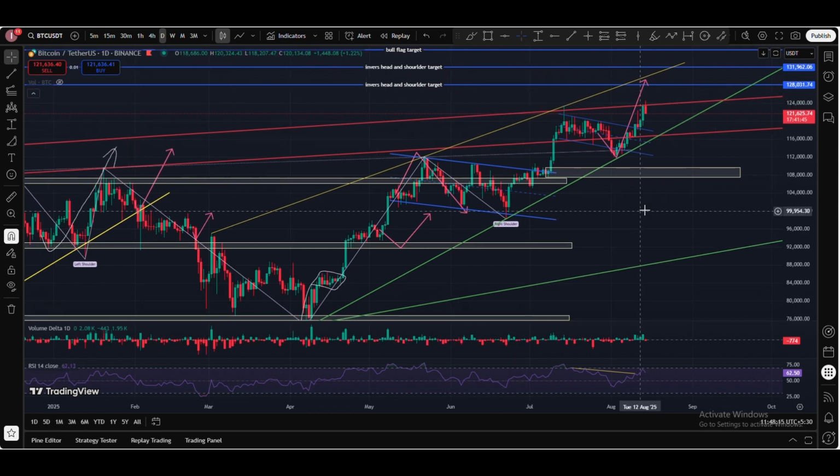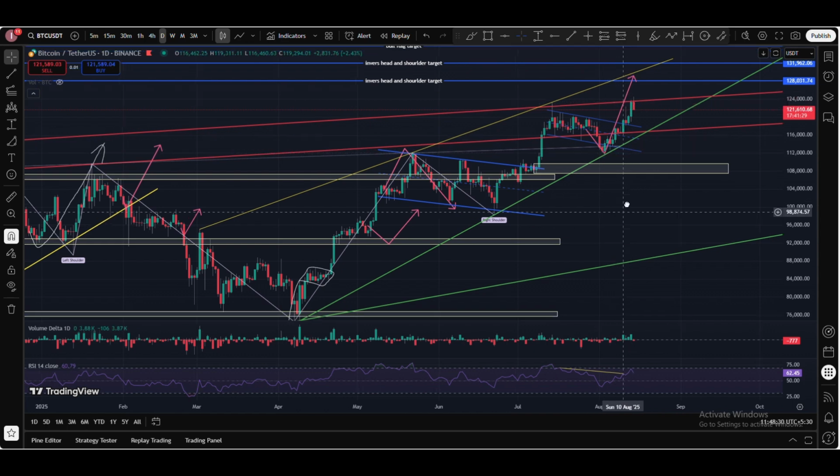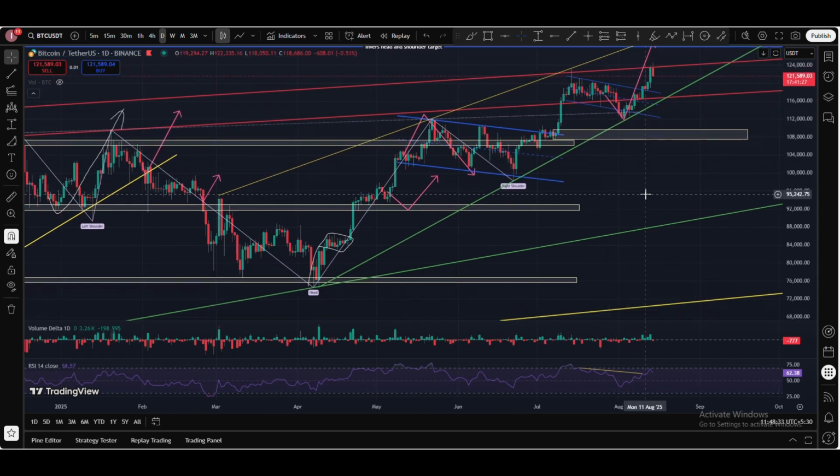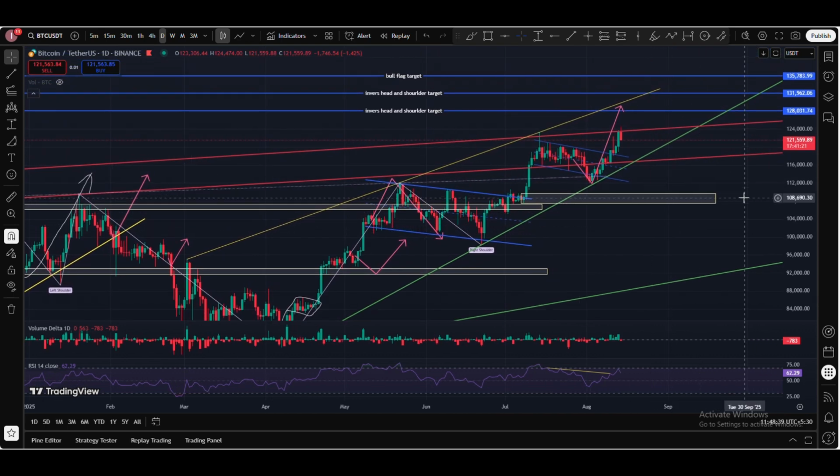So you can see our trend line rejected the market and it went on an upward move, and you can see the market is coming to our target levels.